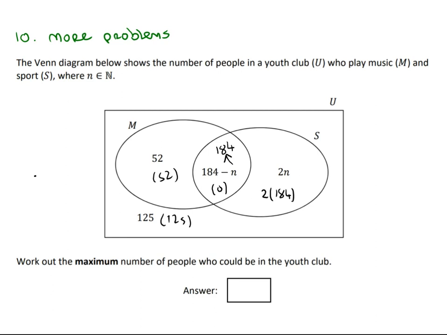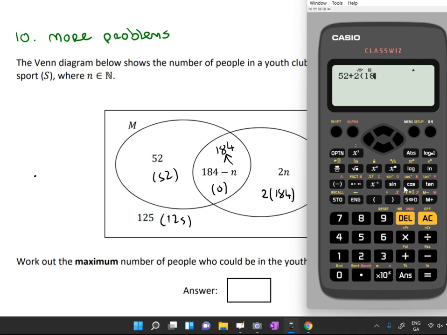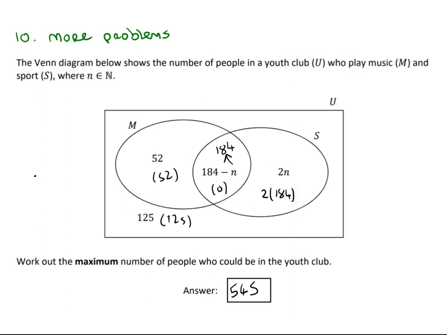So if you add 52 plus 0 plus 2 times 184 plus the 125, you get 545 people is the maximum number of people who could be in the U Club.